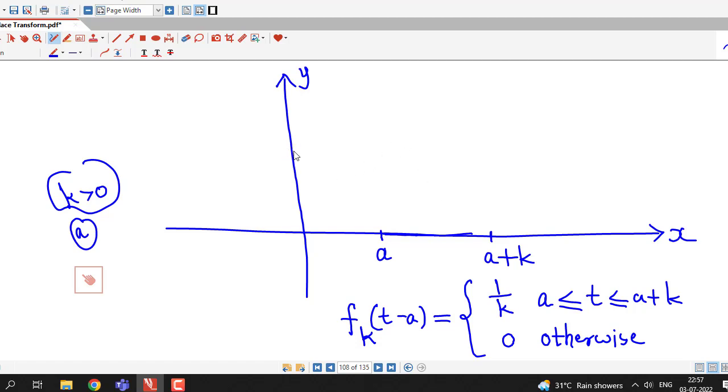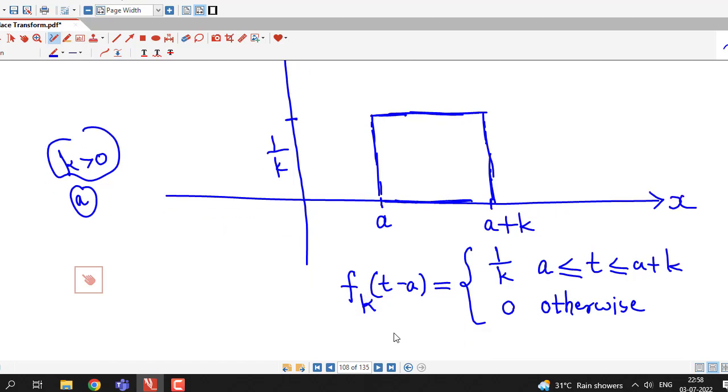Then we will have this type of graph of a function between these 2 points, a up to a plus k. So in this interval function has constant value, it is 1 by k, and this function is denoted by f suffix k of t minus a.